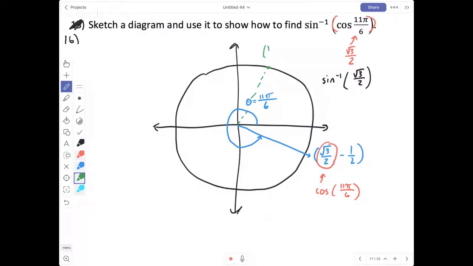This point is 1/2, root 3 over 2, and the angle to that spot is theta equal to pi over 3. So the inverse sine of root 3 over 2 is pi over 3. And that's it. Done and done.